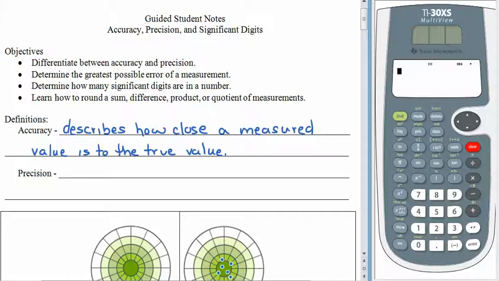Accuracy talks about how close a single value is to the truth. Precision talks about a set of values. Precision is concerned about whether or not results are repeatable.